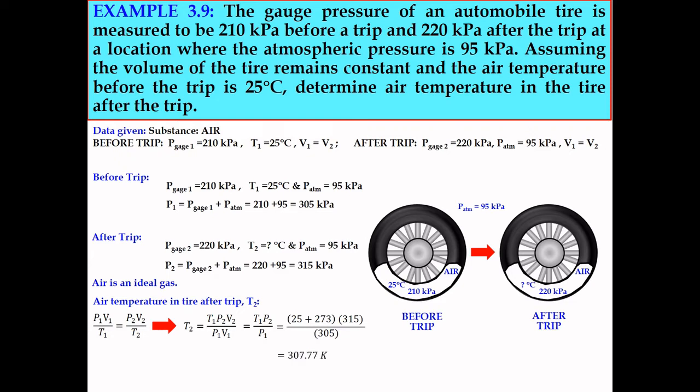So T2 equal to 307.77 Kelvin. Or if you want the temperature in degrees Celsius, you need to subtract 273. So in Celsius, the temperature will be 34.8 degrees Celsius.